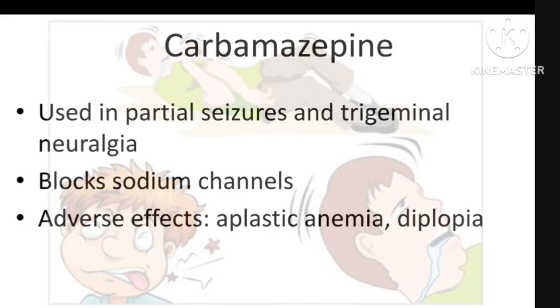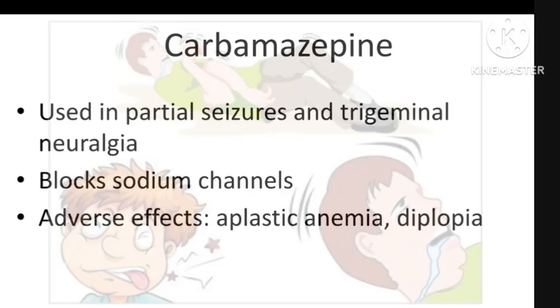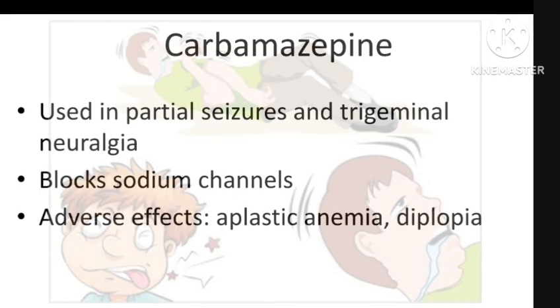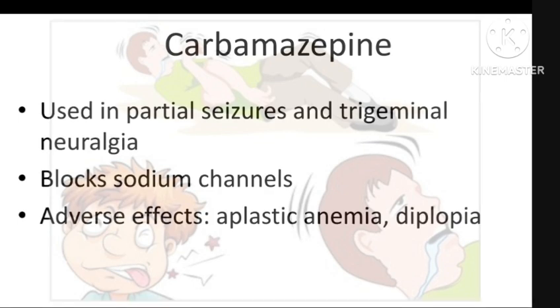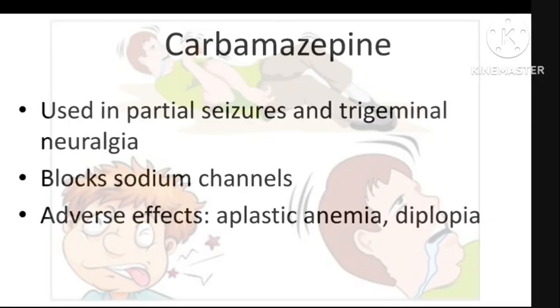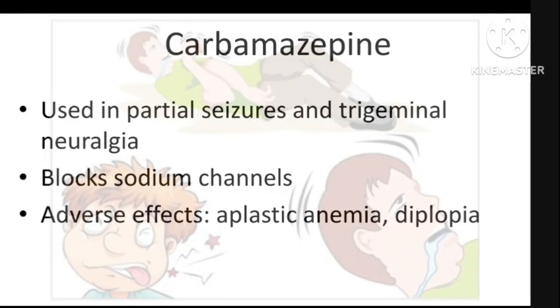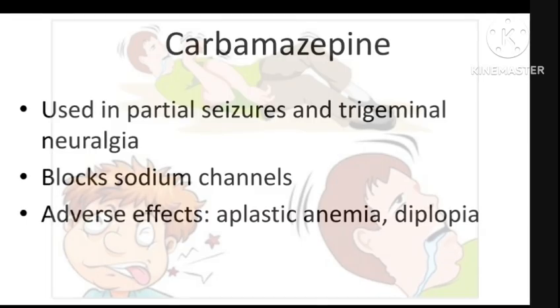Serious adverse effects include aplastic anemia and agranulocytosis, so blood count monitoring is important. It may cause hyponatremia and Stevens-Johnson syndrome, especially in some Asian populations. Very dangerous skin reactions. You can memorize the sentence: carbamazepine damages bone marrow. Okay, this is bone marrow suppression.